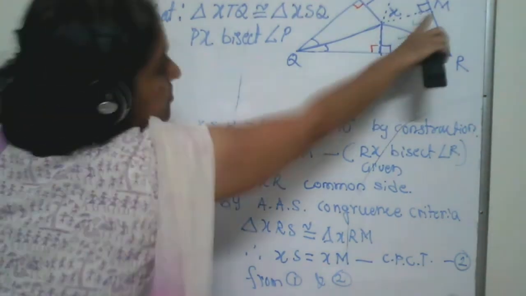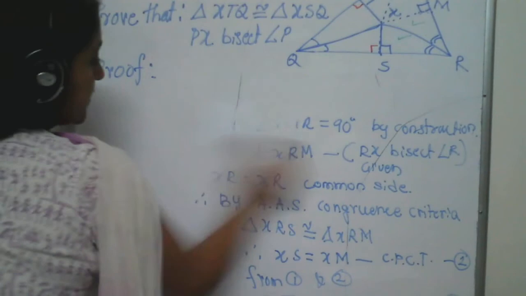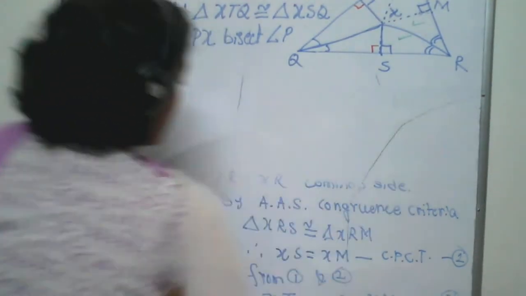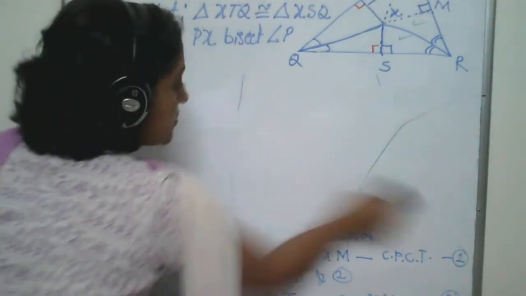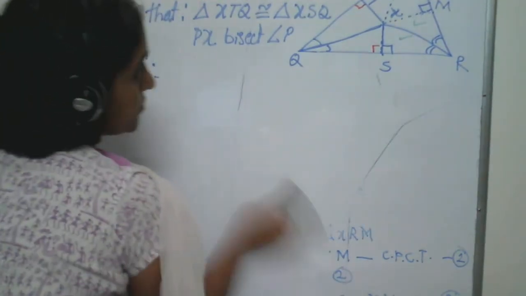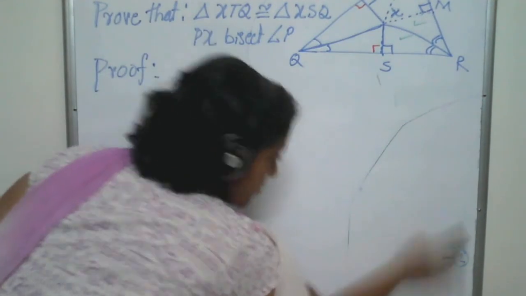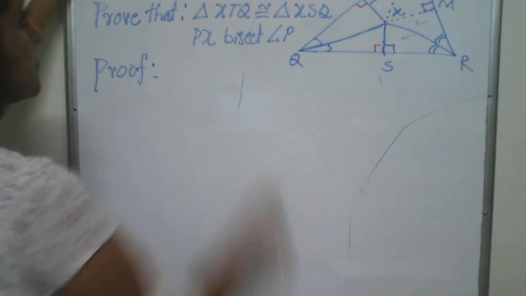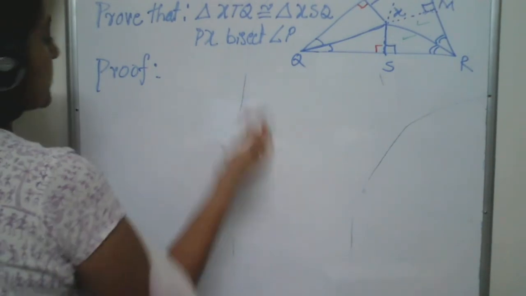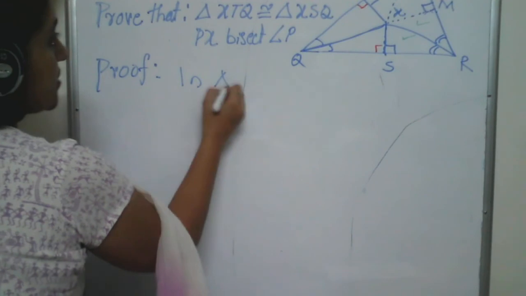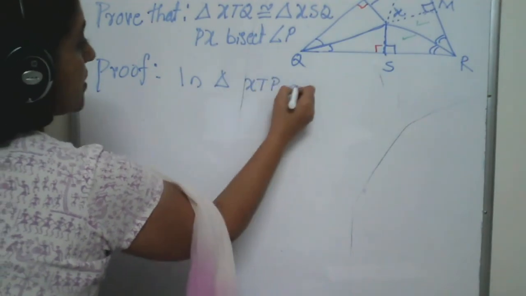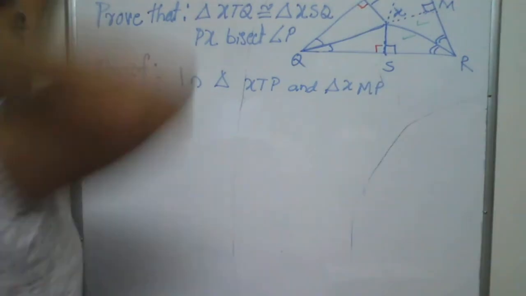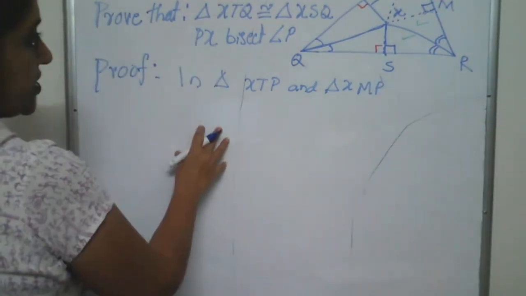So this additional construction part has to be remembered, that XM is the perpendicular constructed to PR, which is not given in the question. Now, in triangle XTP and triangle XMP, you can see what criteria you are getting.